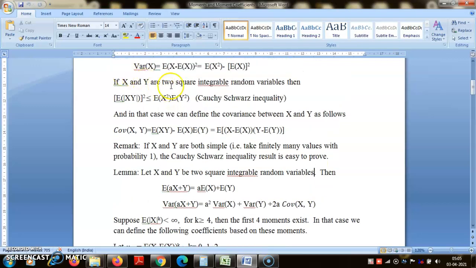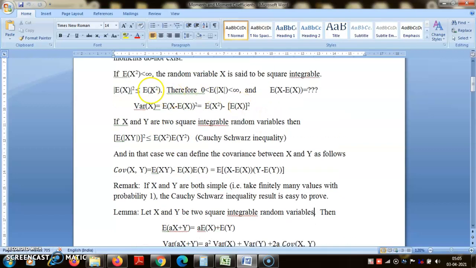Of course, if X and Y are two square integrable random variables, then you have this inequality: expectation of mod of XY is less than or equal to the square root of E(X^2) into E(Y^2). So this is the Cauchy-Schwarz inequality. You see this above inequality, I also said Cauchy-Schwarz inequality. So if you take a random variable Y which is taking the value 1 with probability 1, then you get this inequality from this general Cauchy-Schwarz inequality.